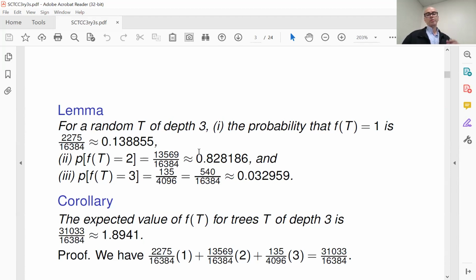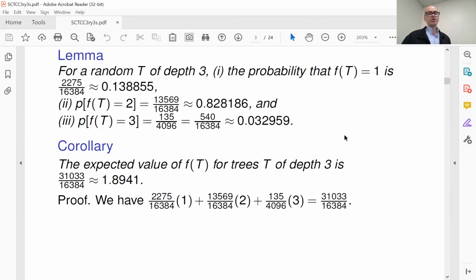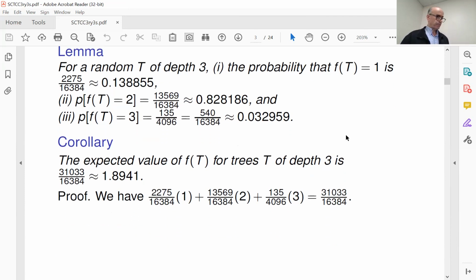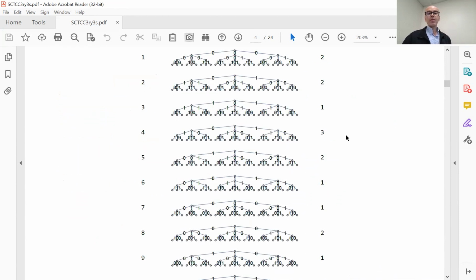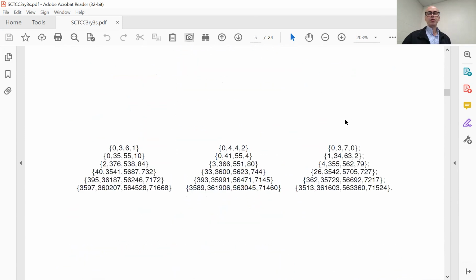And the probability of weight 2, if we have the exact value, is roughly 83%, and for weight 3 it is roughly 3%. And then when we calculate the mean, it's going to be roughly 1.9 or so. That's for depth 3. And these are some other examples similar to the other file I showed you.